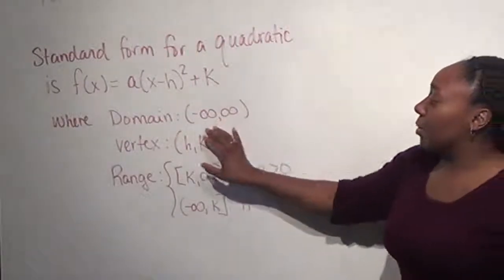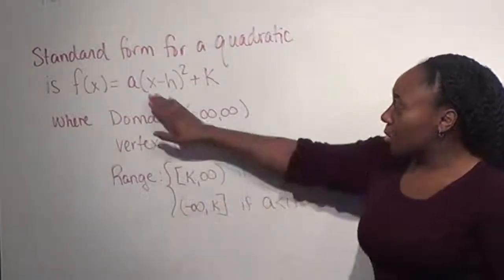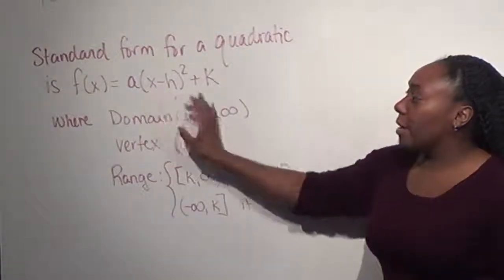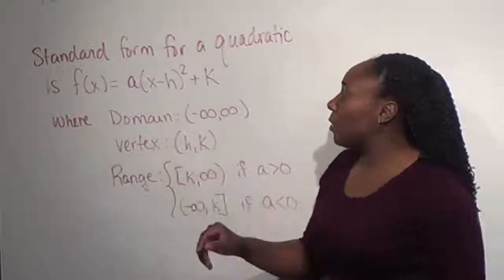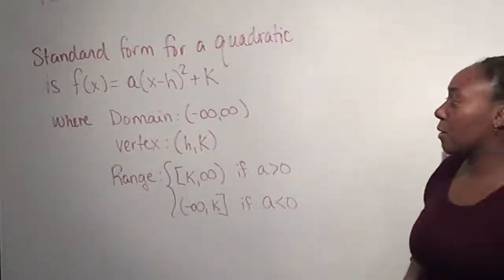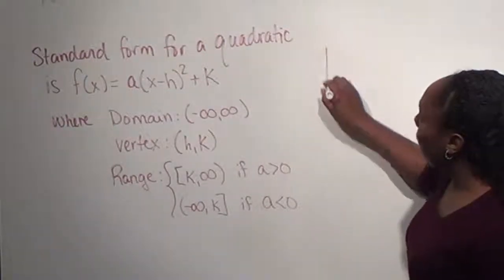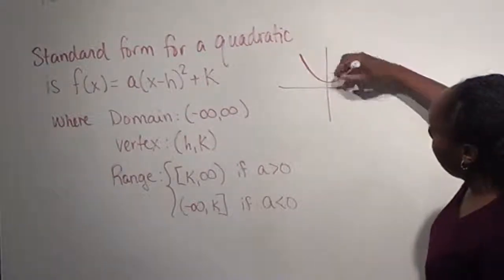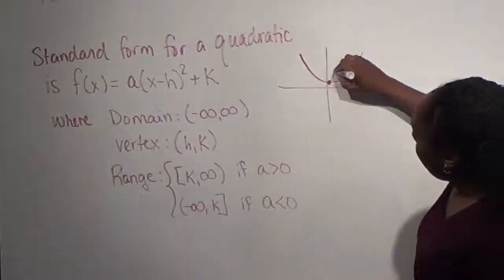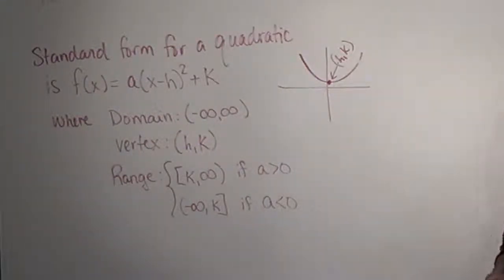The first thing to note is that the domain for this is all real numbers. So it doesn't matter what I plug in for x, I can always get a real number out. This form also tells me what the vertex of the quadratic is. So if I am looking at my quadratic function, wherever it may be, there would be the vertex of my quadratic.